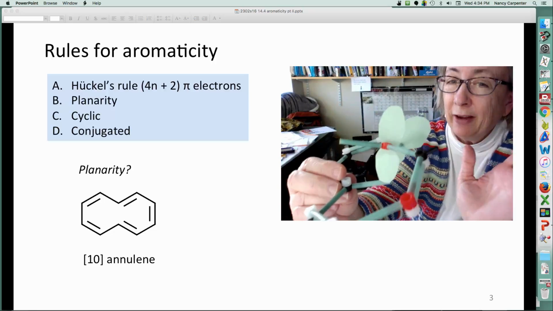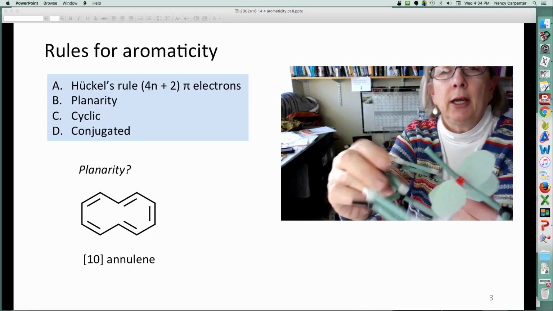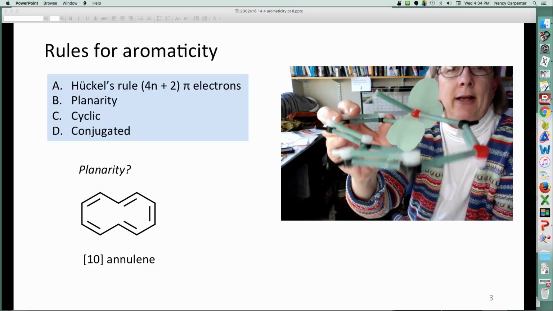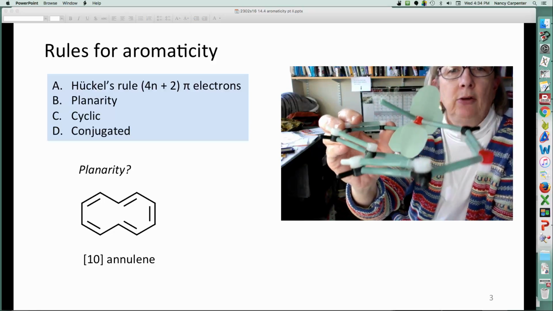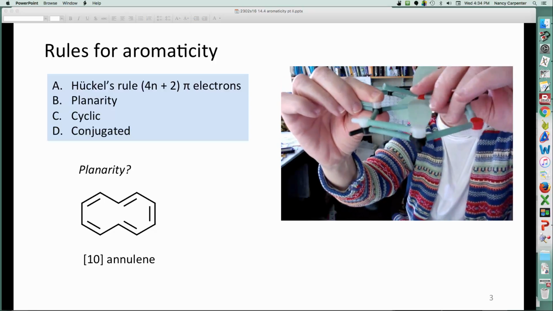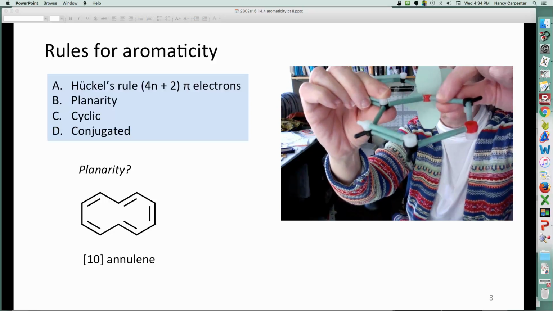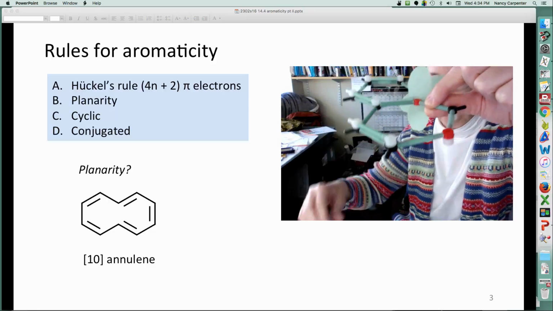So I don't really have conjugation anymore because they can't overlap. So here again is the lack of planarity in my annulene because these two hydrogen atoms are sticking into each other right here, and they cannot do that. They will bang into each other.